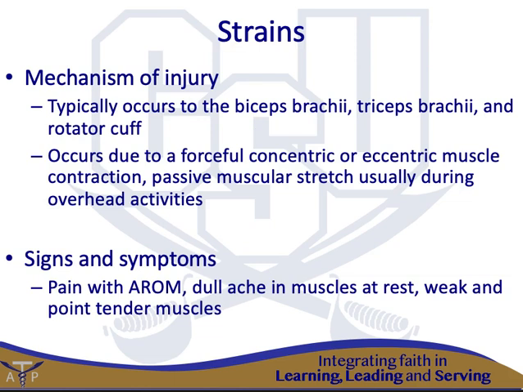For muscle strains in the area, these typically occur to the biceps brachii and triceps brachii and rotator cuff musculature, with the biceps brachii being the most commonly ruptured. As with other strains around the body, shoulder strains are caused by a forceful concentric or eccentric muscle contraction. A strain can also be caused by a passive muscular stretch.